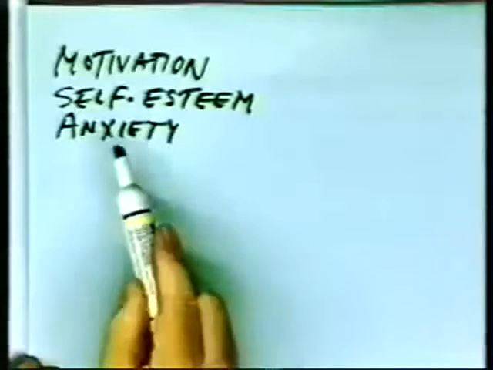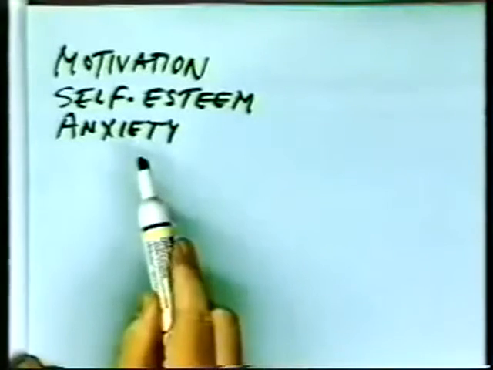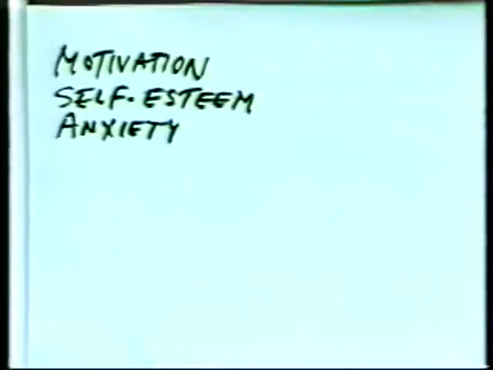If a student isn't motivated, if self-esteem is low, if anxiety is high, if the student is on the defensive, if the student thinks the language class is a place where his weaknesses will be revealed, he may understand the input, but it won't penetrate. It won't reach those parts of the brain that do language acquisition. A block keeps it out. We call this block the affective filter.